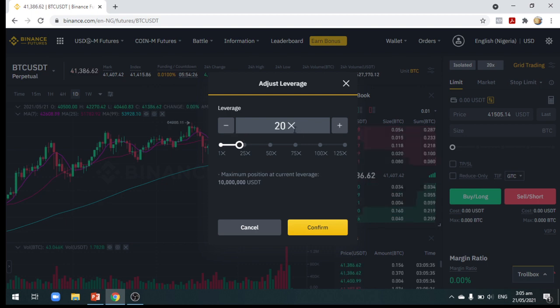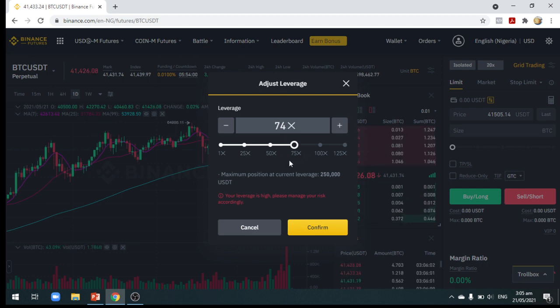And that's why you have 20x in this particular margin leverage, sorry. So you can decide to adjust the leverage to increase it, or you can simply use the slider here to select or reduce the amount of leverage that you want to use.